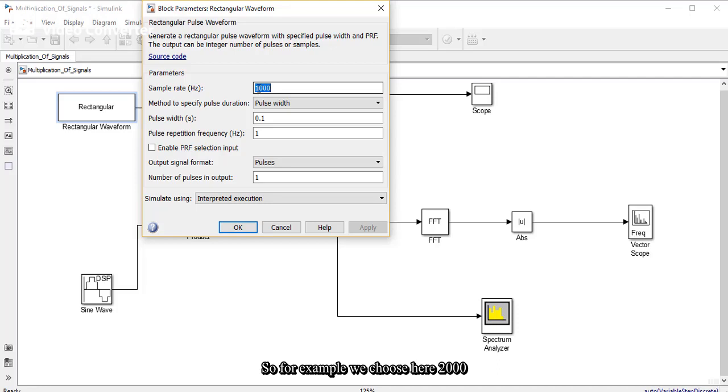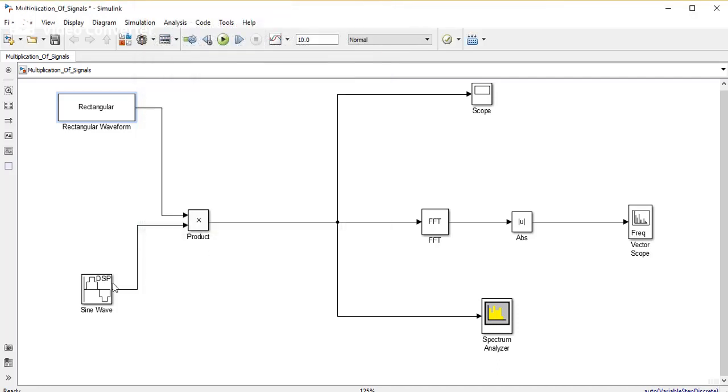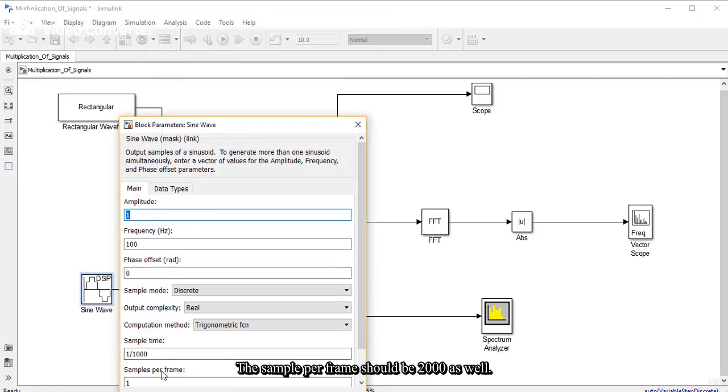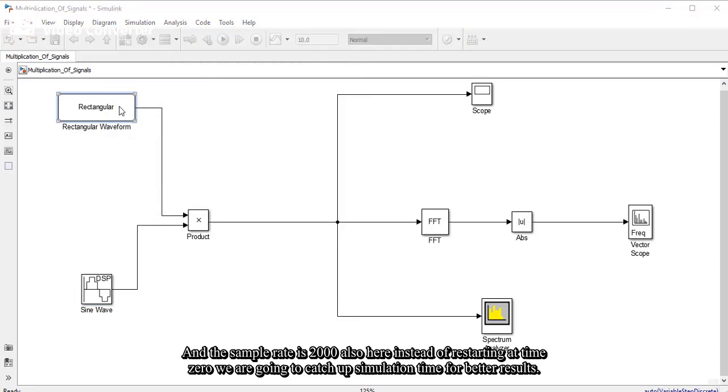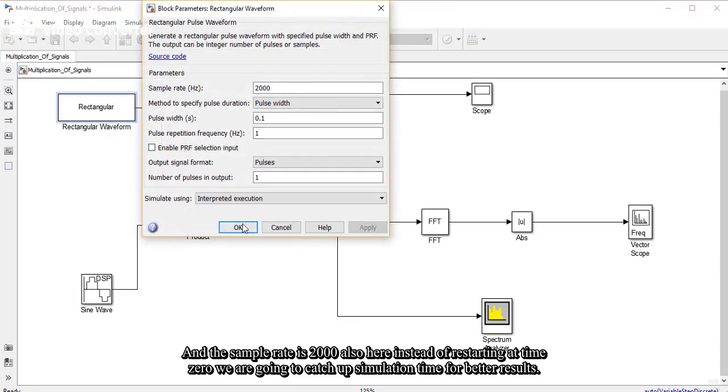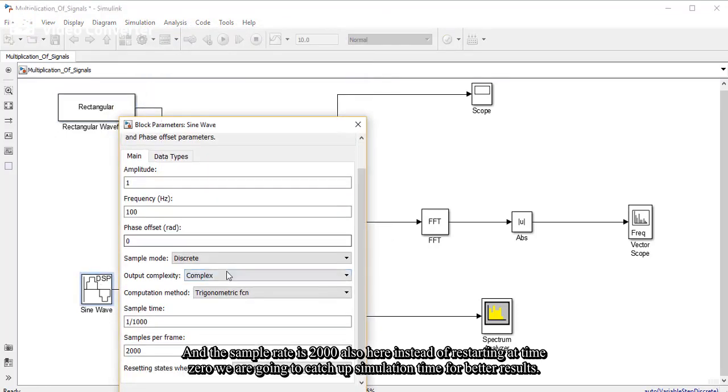So for example, if we choose here 2000, the sample per frame should be 2000 as well. So the sample per frame is 2000, and the sample rate is 2000 also here.